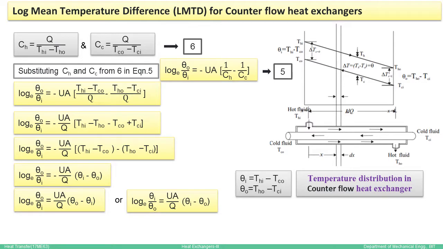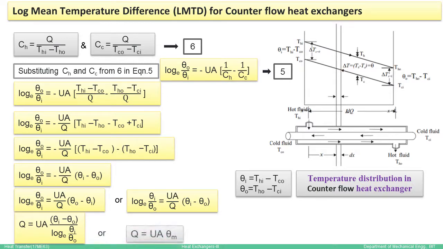Theta i and theta o are defined for the counter flow heat exchanger like this. I repeat, theta i and theta o are different for counter flow: theta i is Thi minus Tco, theta o is Tho minus Tci. And because of this, we can write the expression for q as UA into (theta i minus theta o) by log of theta i by theta o.